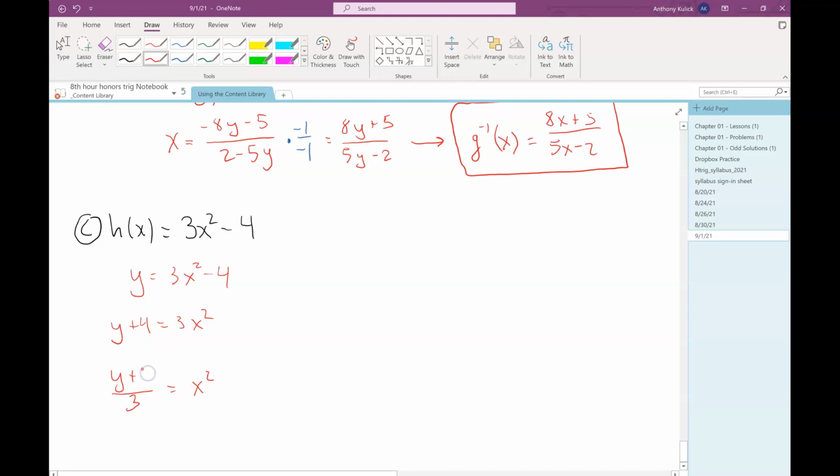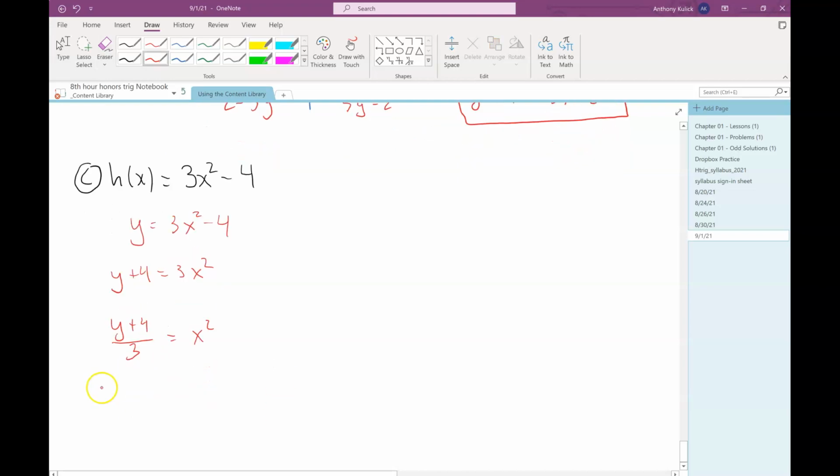Square root both sides. What do you have to remember when we square root both sides? Very good. And then we can rewrite this in function notation and swap the x's and y's.